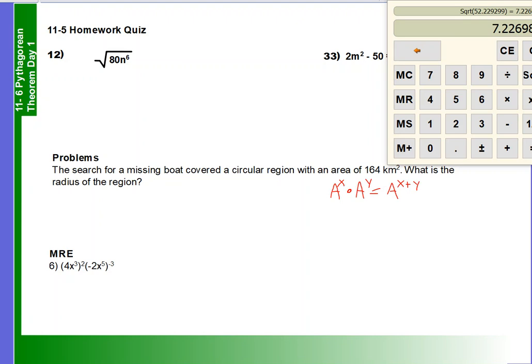We also know that a to the x power taken to the y power is equal to a to the x times y power. We talked about that at length. Finally, we know that a to the negative x power, negative exponents don't give us negative numbers, they give us fractions. And so that would be equal to 1 over a to the positive x power.